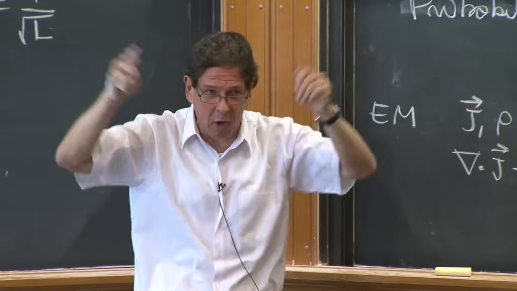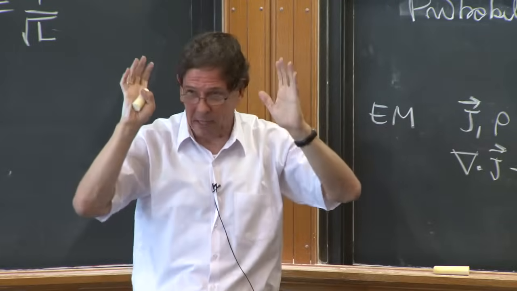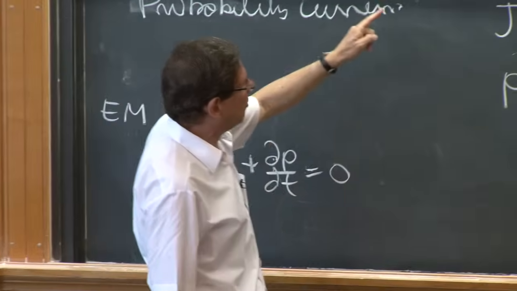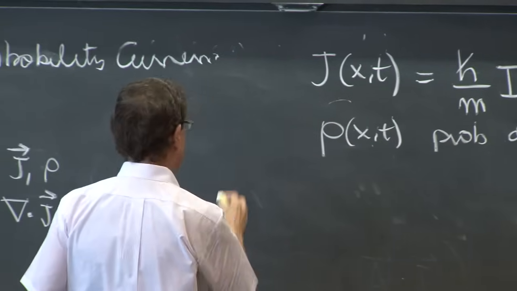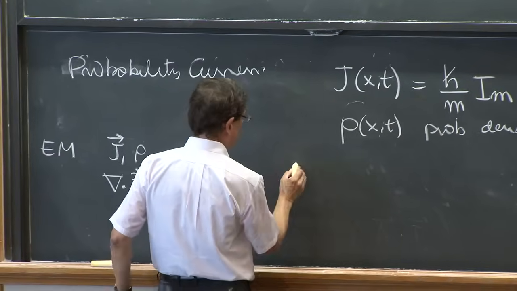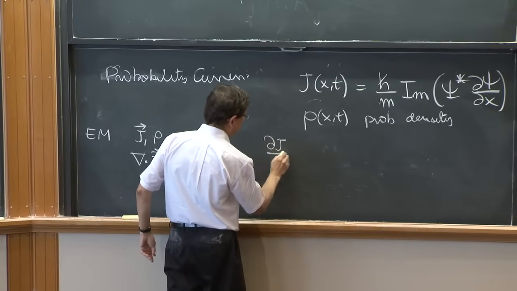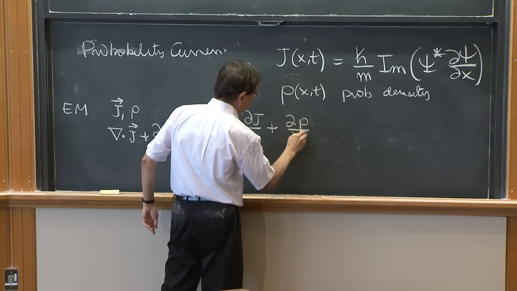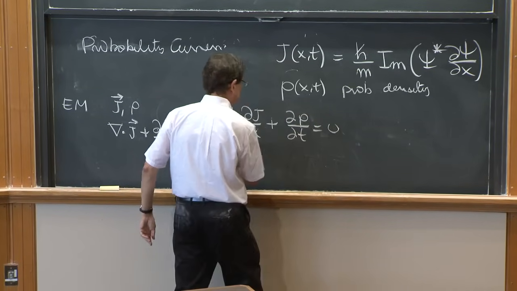It can escape a volume because the charges are moving, but if it doesn't escape, the charge remains the same. So this is charge conservation, and this is the same thing. The divergence of J in this case reduces to dJ dx plus d rho dt equals 0.